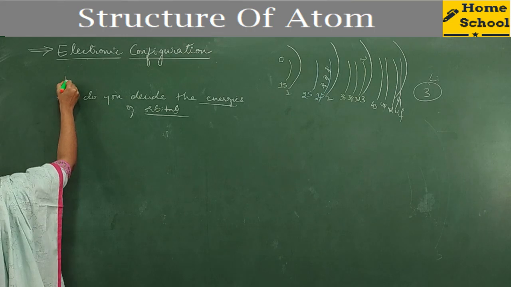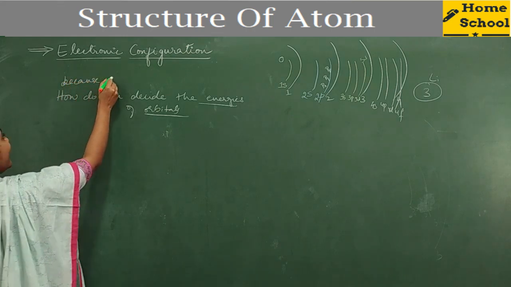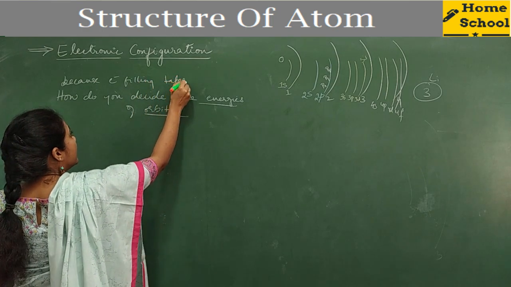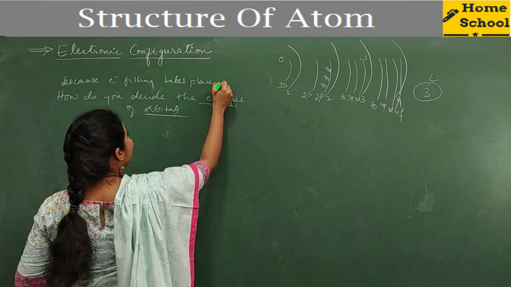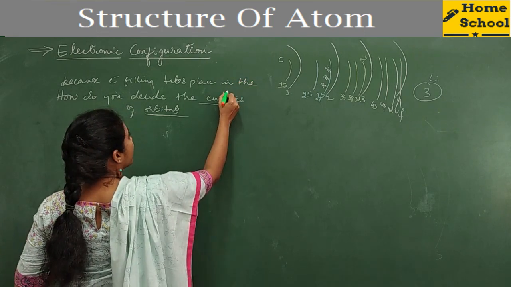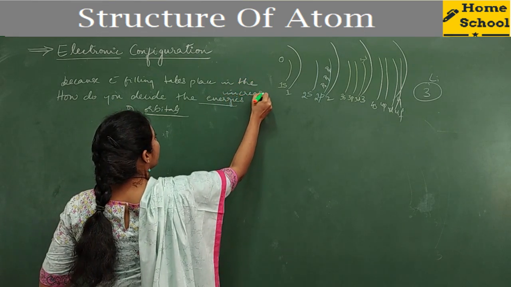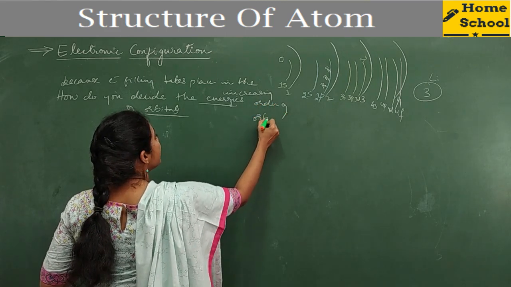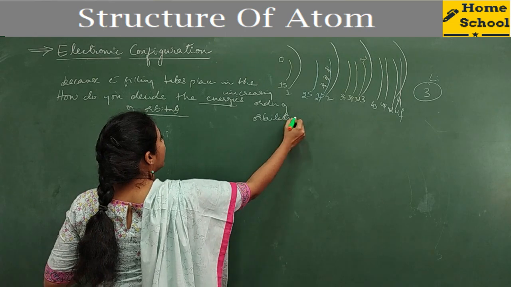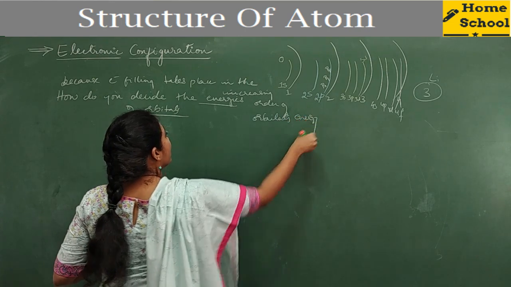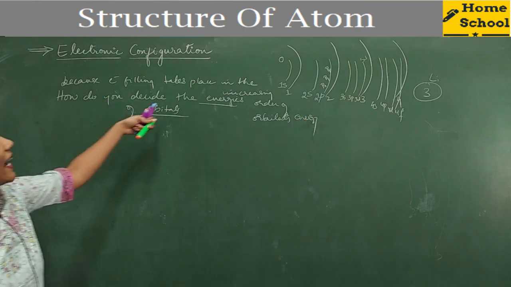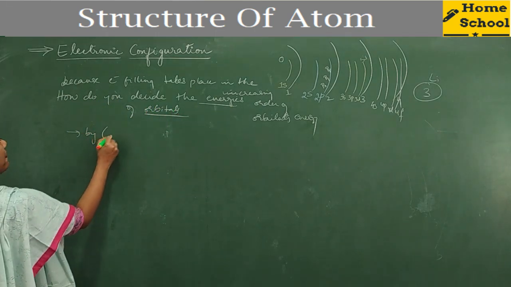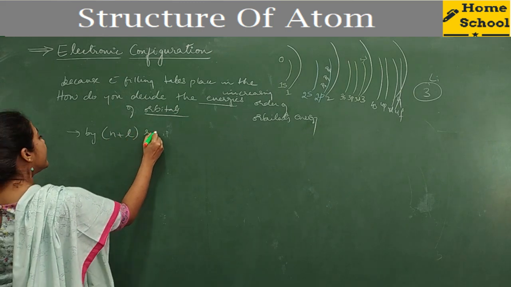It is because electron filling takes place in the increasing order of orbital energy. So how do you decide the energies of orbitals? It is by the n plus l rule.